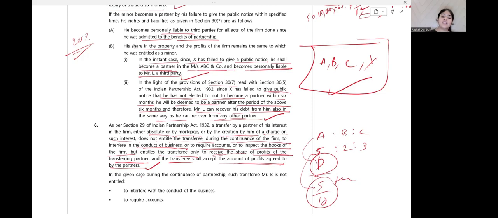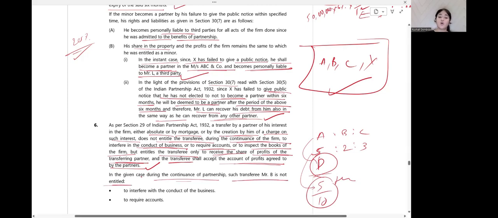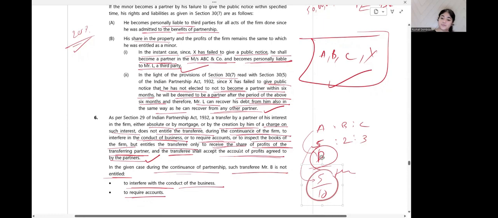In the given case, during the continuance of partnership, such transferee, Mr. B, is not entitled to interfere with the conduct of business, to require accounts, or to inspect the books of accounts of the firm. Is this clear?